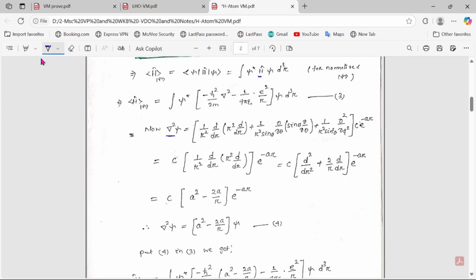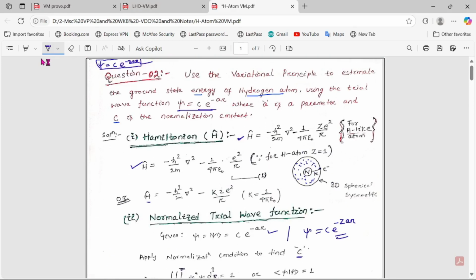Here del square, the Laplacian operator in spherical polar coordinates, is in general written as 1 by r square d by dr of r square d by dr, plus 1 by r square sin theta d by d theta of sin theta del by del theta, plus 1 by r square sin square theta del square by del phi square, operated over the given trial wave function psi equals c e to the power minus ar.